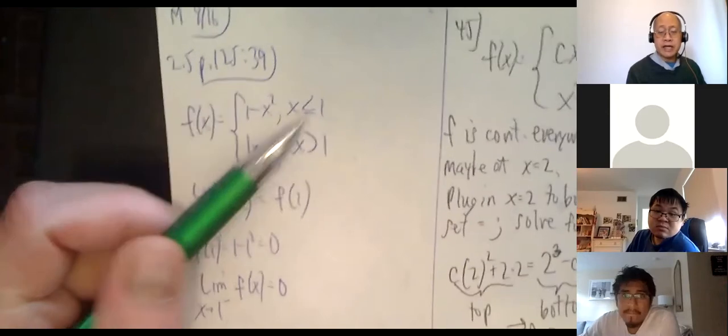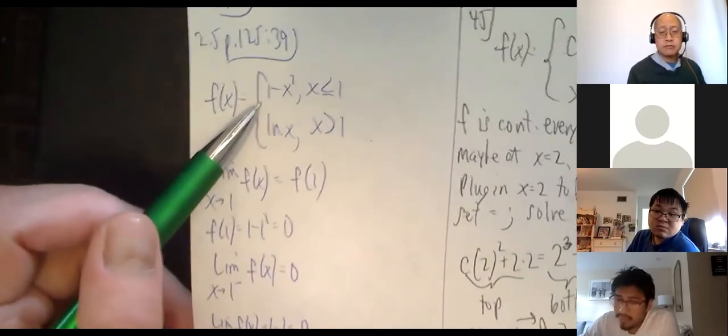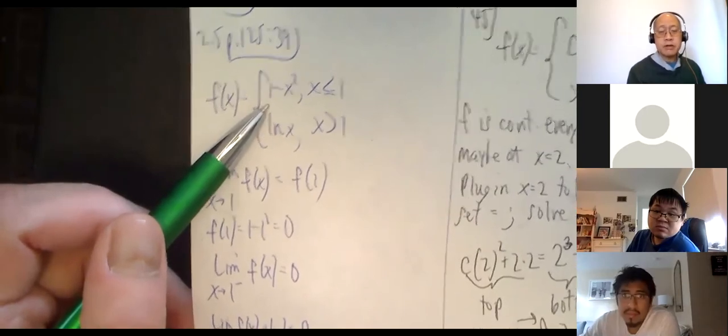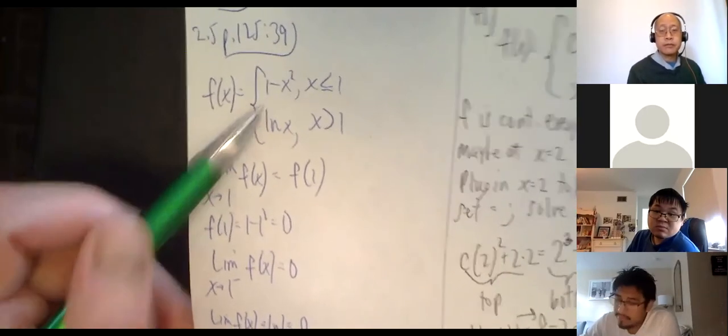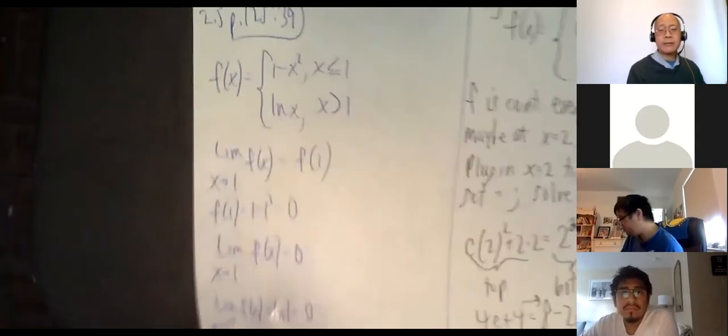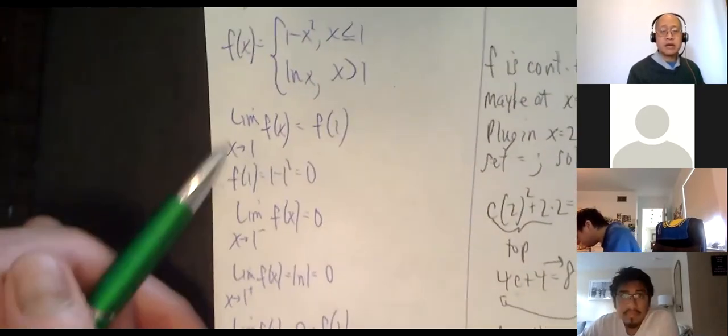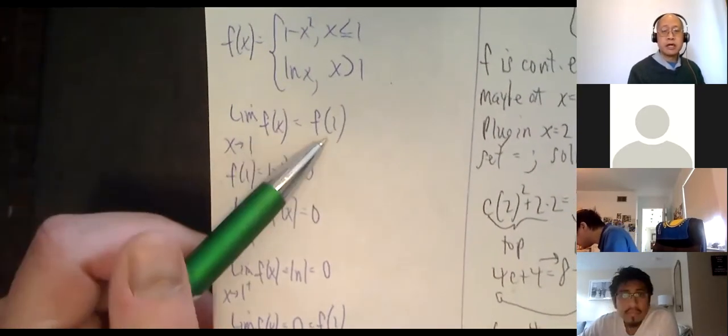So again, I only have to worry about x equals 1. If x is less than 1, I obey this rule. It's a parabola. It's always continuous. If x is bigger than 1, I have ln. That's always continuous. So what happens right at 1? I need to see if the limit as x approaches 1 of f of x equals f of 1.